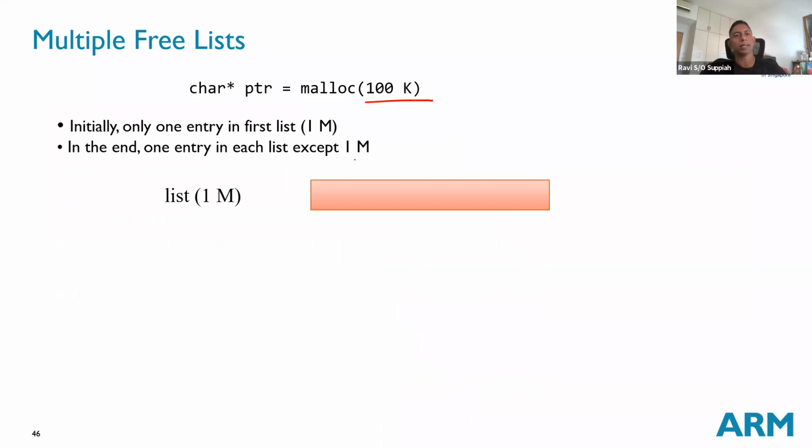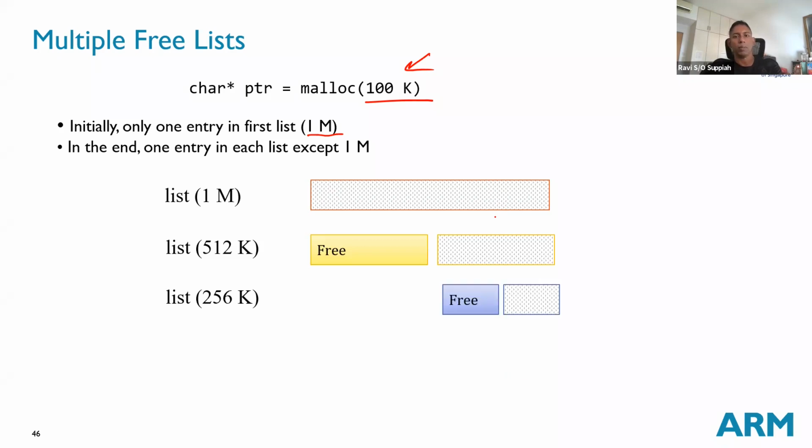For example here, I have 1 megabyte of memory, and I only want 100K. What can I do? Instead of the earlier first fit, best fit, and so on, I can divide it into multiple subdivisions until I get one that is close enough to match my request, and then I allocate it whole.